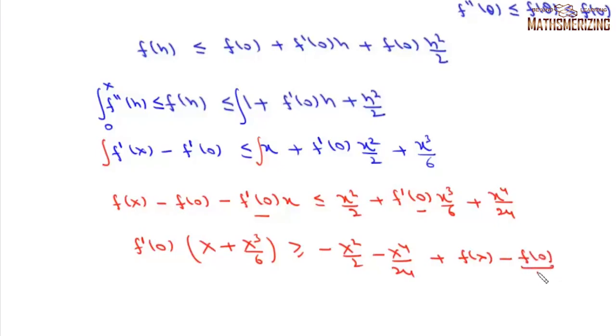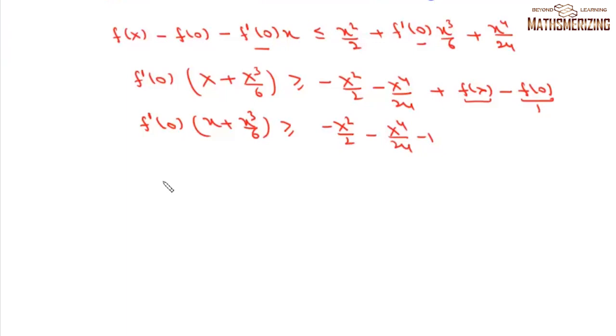Now f(0) is 1 and f(x) is always greater than or equal to 0. So from here we can say f'(0) into x plus x cube upon 6 will be greater than or equal to minus x square upon 2 minus x to the power 4 upon 24 minus 1.